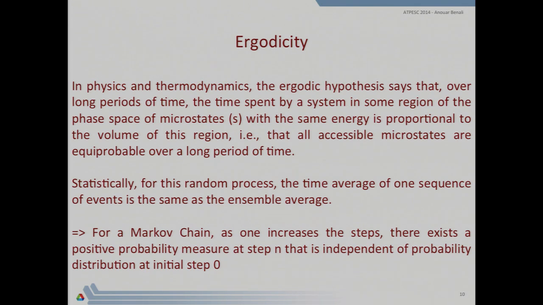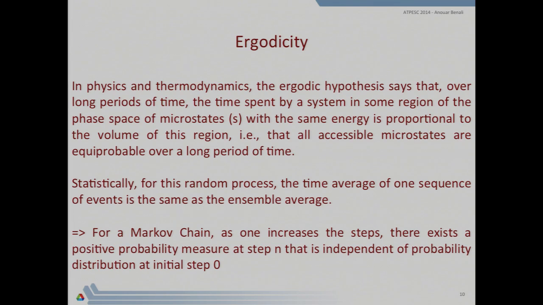Statistically, with this random process, the time average is the same as the ensemble average, in the sense that if you do it long enough in a certain region of space, you'll be able to have an average over the whole space. And for a Markov chain, as we saw before, if we increase the steps, there exists a positive probability measure at step n that is independent of the probability distribution at the initial step.